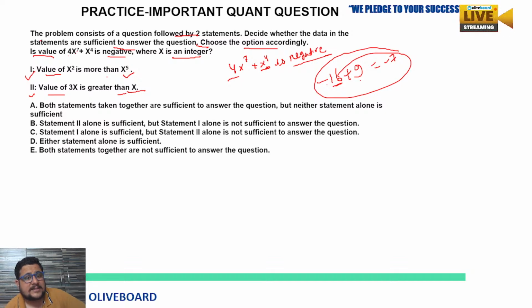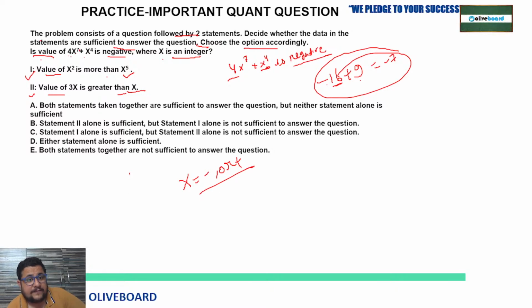So 4x to the power 7 plus x to the power 4 is negative, in this case where x is an integer, but negative or positive is not given. Negative integer or positive integer, is this given? No, not given. So x can be negative or positive, we don't know that.